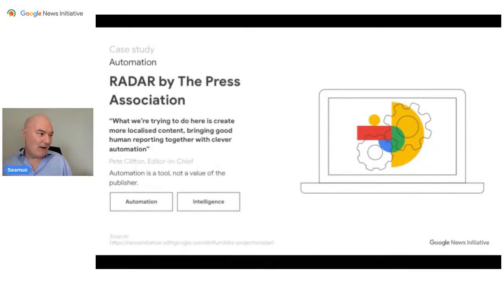Another case study here when it comes to automation, all things digital: Radar, brought in by the Press Association. This was actually thanks to funding from the Google Digital News Innovation Fund, creating Radar. This is software that uses artificial intelligence to improve local news reporting. It uses artificial intelligence to crawl through data sets to fill in stories with a lot of data that otherwise wouldn't be used.